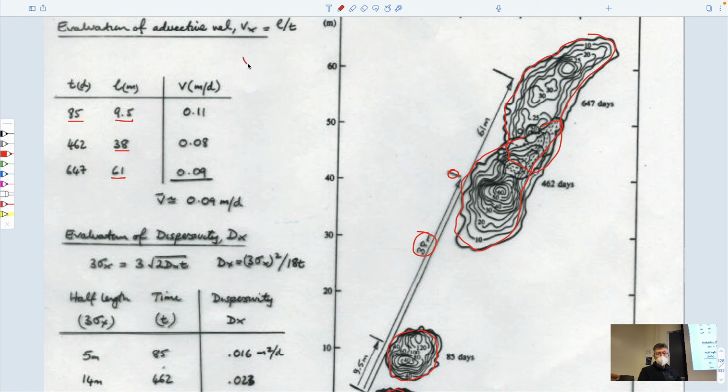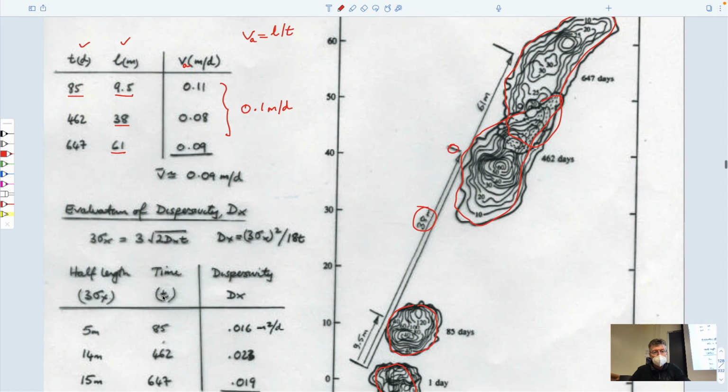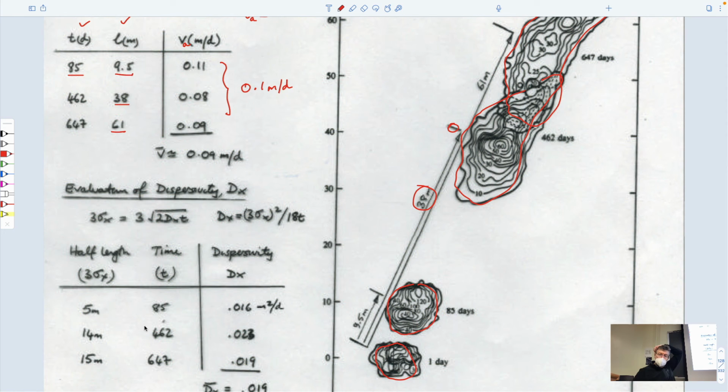So if we know that velocity is equal to length over time, we have both length and time, and so we have advective velocity, which turns out to be about 0.1 meters a day. Just using days as a convenient time rather than seconds.